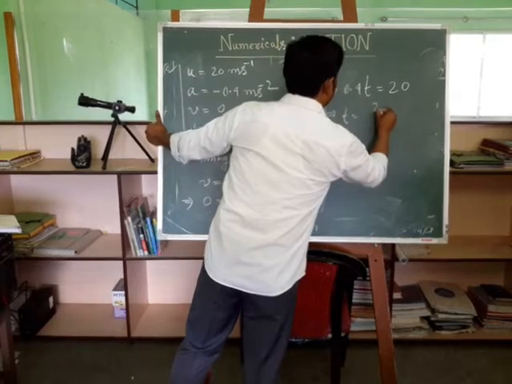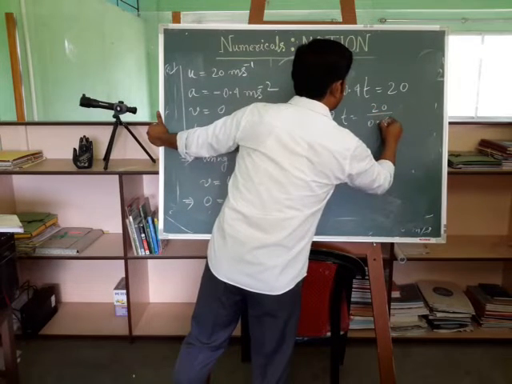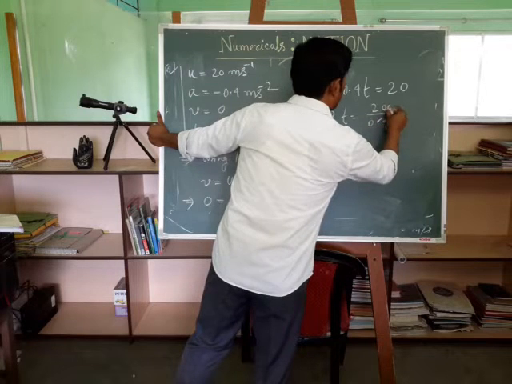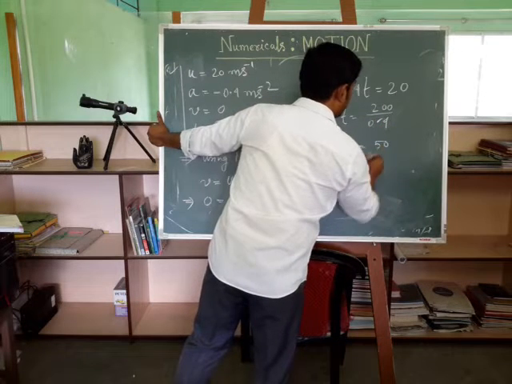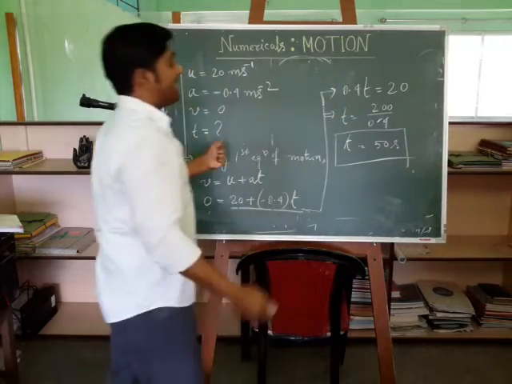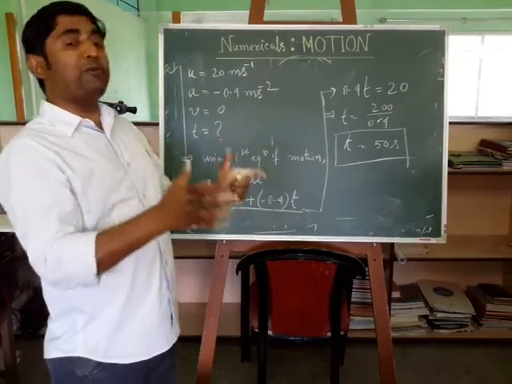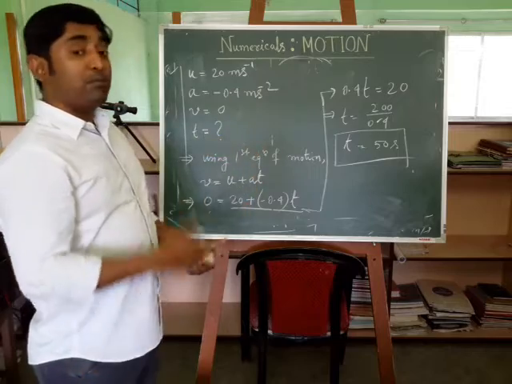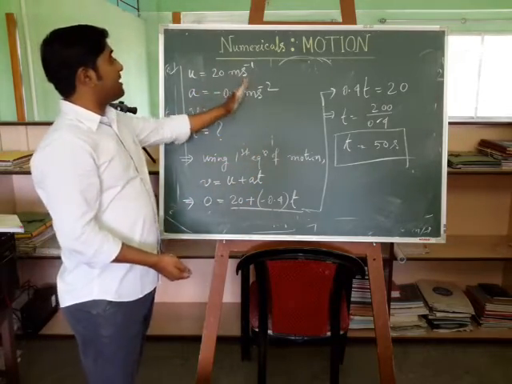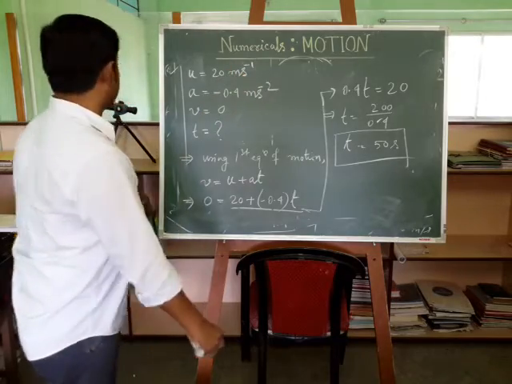So our t will be 20 upon 0.4, and how much is that? The point is gone, and that will be 50 seconds. So your bike will take 50 seconds before it comes to rest from the velocity 20 meter per second. Okay, let us see the next problem.